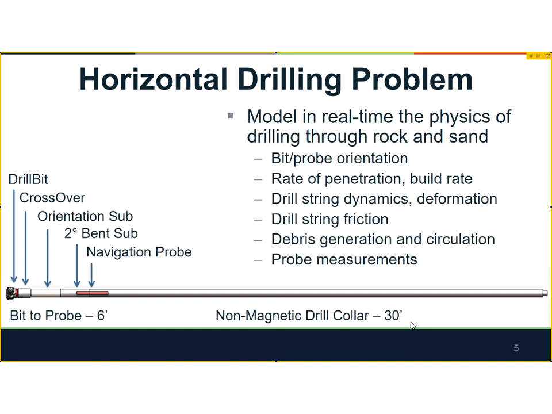Another important factor is the rate of debris generation and circulation. As you're drilling, you're generating debris of different sizes depending on the drilling configuration and the geology. And if your mud flow rate is not appropriate, then those particles may not come back out of the hole, and it can clog the hole.